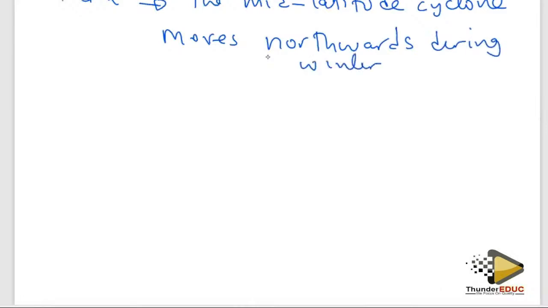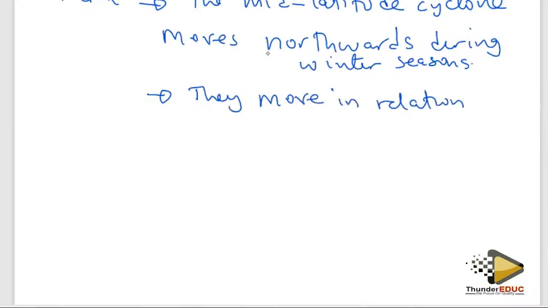During winter season. Or you could as well say they move in relation to the migration of the sun.